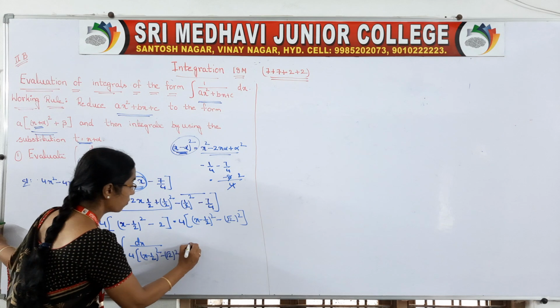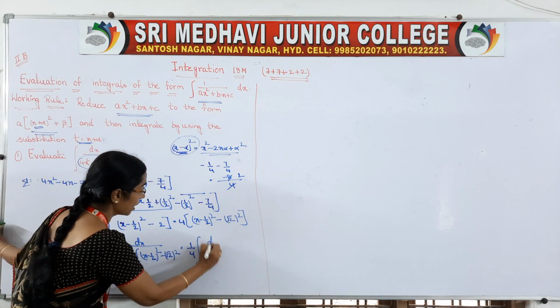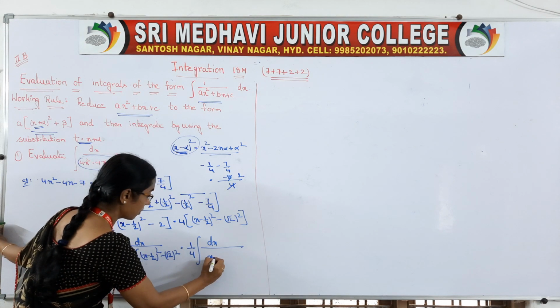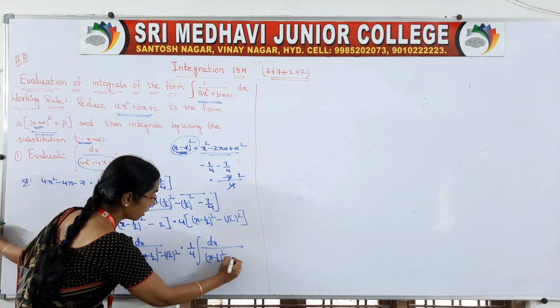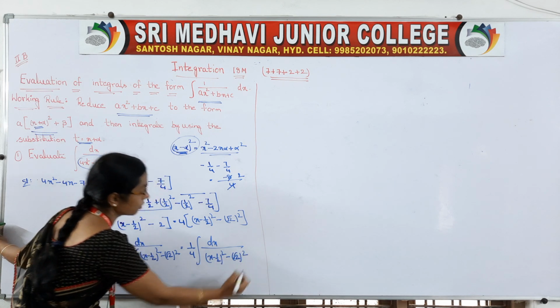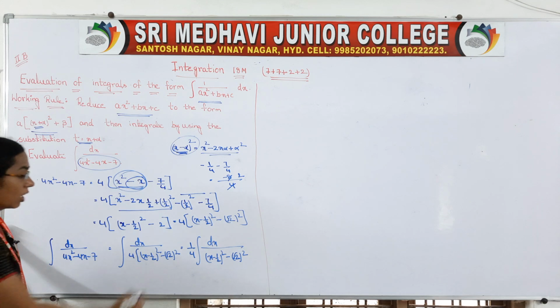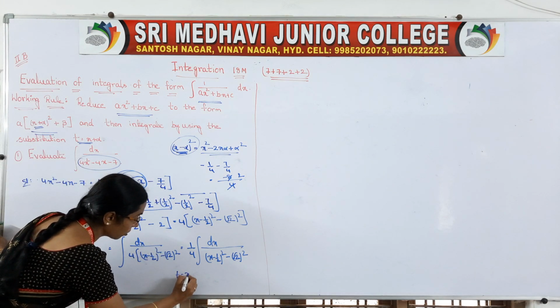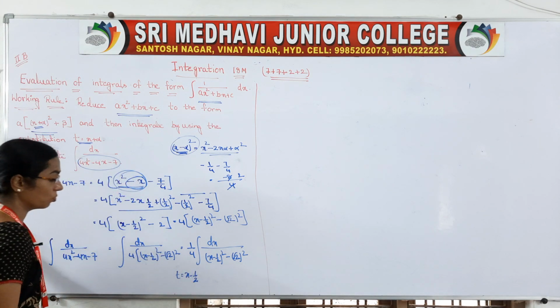You take 1 by 4 outside into dx by x minus 1 by 2 whole square minus root 2 whole square. Okay, so now you take your t is equal to x minus 1 by 2.